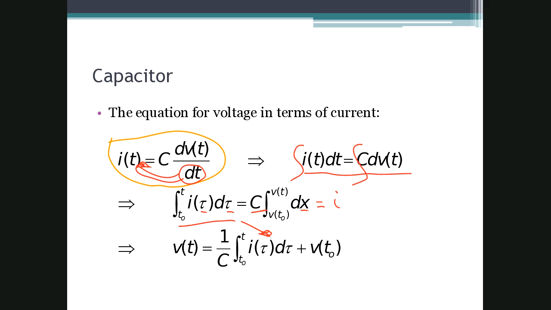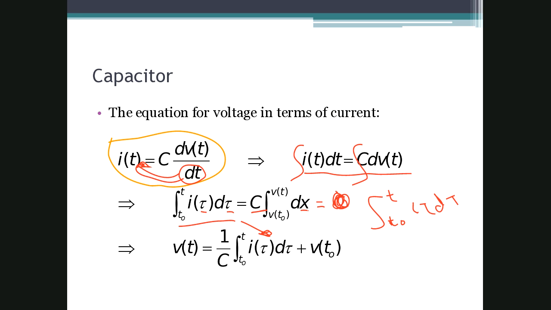And so what we have here is the integration of i(tau) from t0 to t, giving us this equation, the integral from t0 to t of i(tau) d tau.